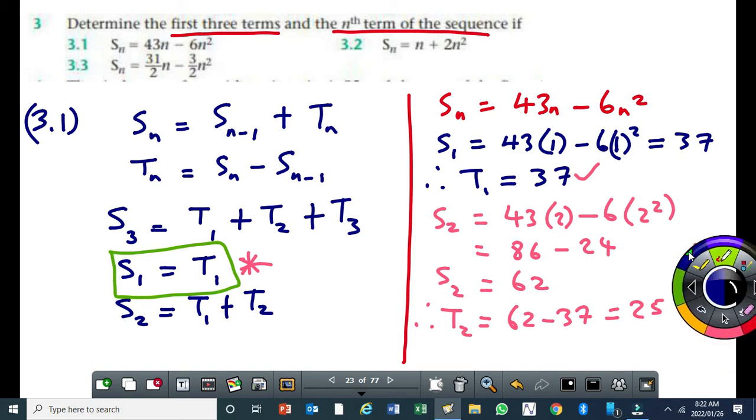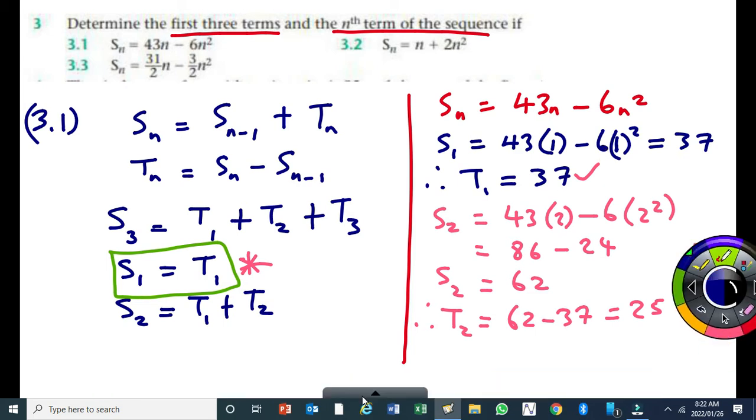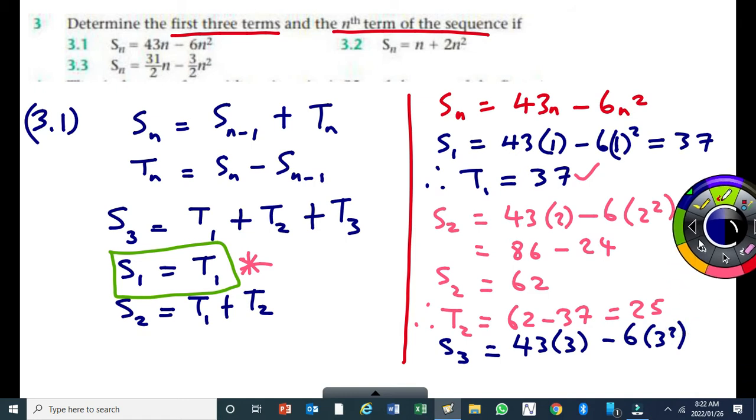To get the third term, obviously it will be S3. We need to get S3, so that will be 43 times 3 minus 6 times 3 squared. Right? So this gives you 129 minus, okay, that's 9 times 6, that's 54.